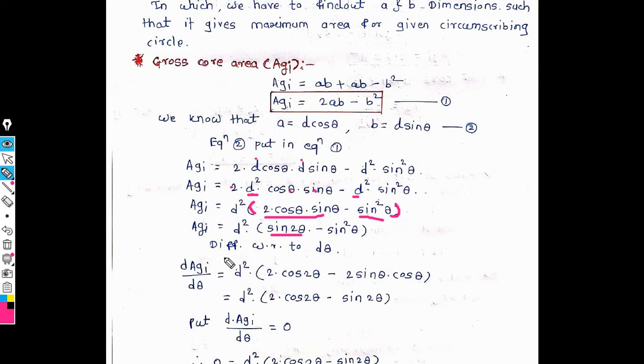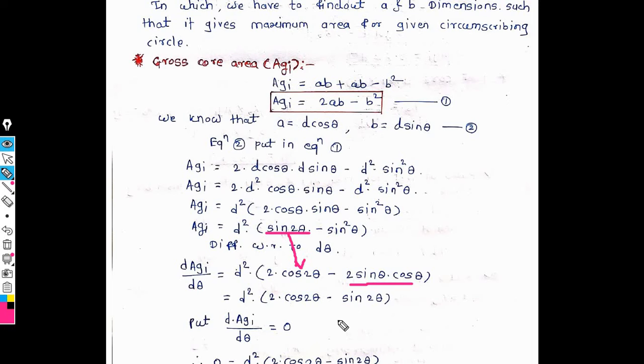Now differentiating with respect to theta, we take the derivative of the gross iron area, d AGI by d theta. That means d square, the derivative of sin 2 theta is cos 2 theta into 2, minus the derivative of sin square theta, which is 2 sin theta into cos theta.